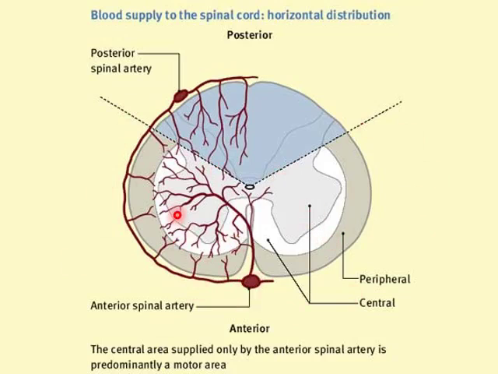As you see, it supplies the anterior gray matter in the ventral horns, supplies the lateral horn if present at the thoracic region, supplies the anterior gray commissure, supplies the anterior white commissure along with the anterior and lateral columns of the white ascending tracts.